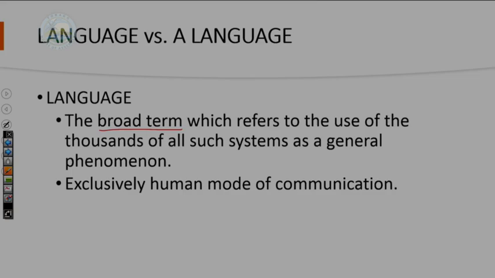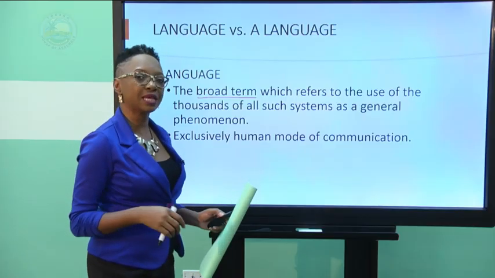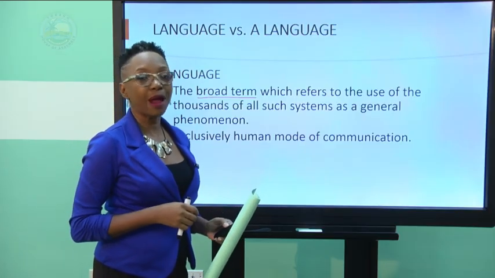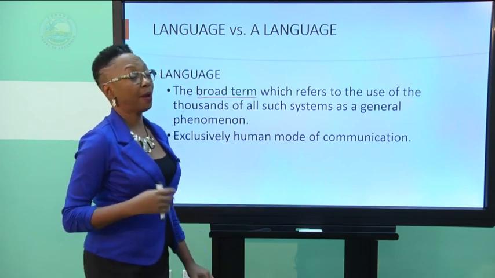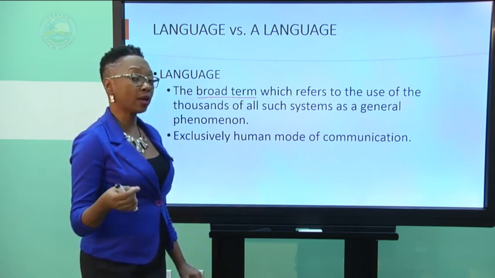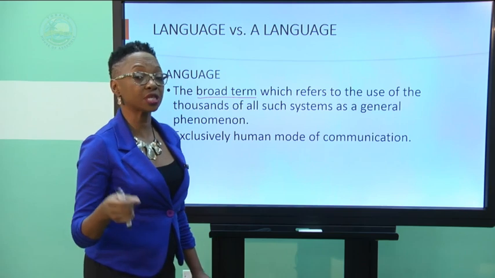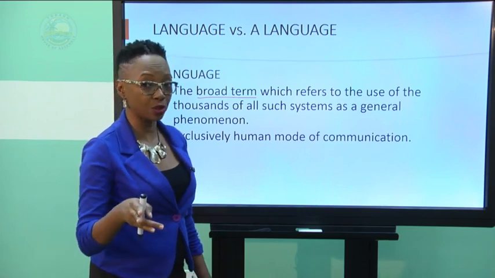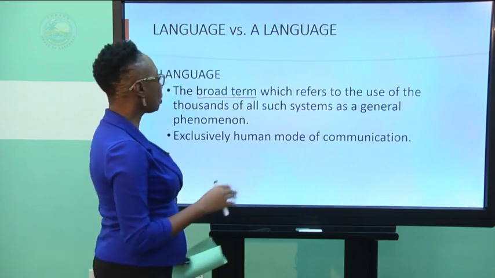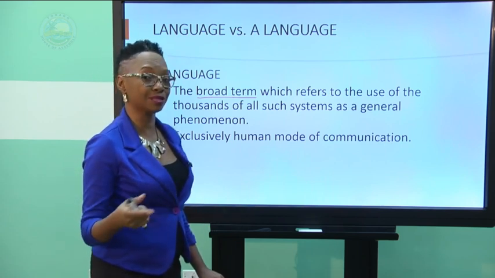Language is exclusively human. Now you may say that the parrot can talk, but while the parrot talks, it does not mean that the parrot has language. What the parrot is able to do is mimic sound.